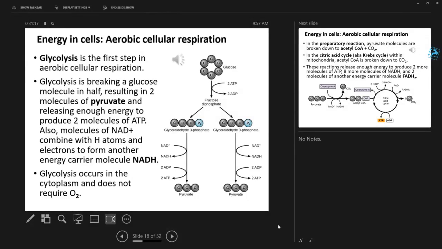That ends up as 2 molecules. Each one is 3 carbons, and that's called pyruvate. But by breaking that molecule in half, enough energy is released to recharge 2 NADH molecules, one here and one here.